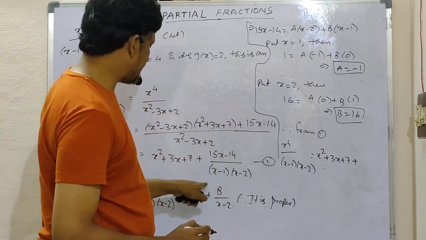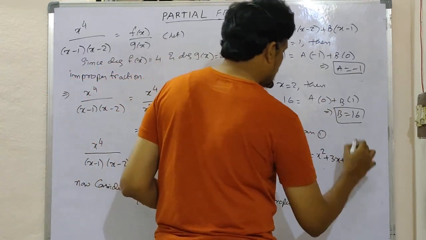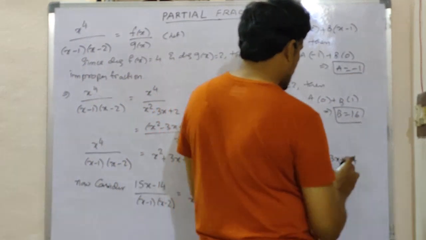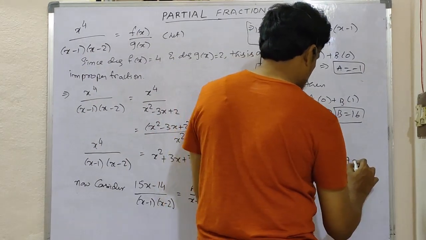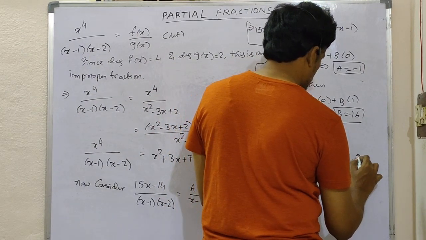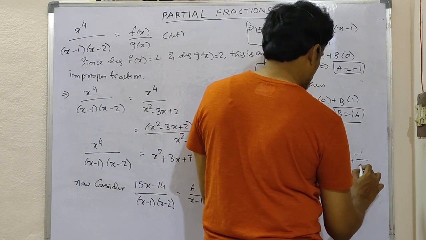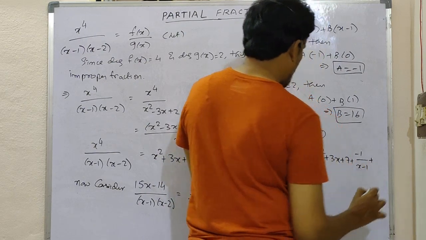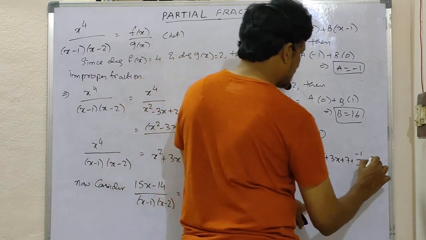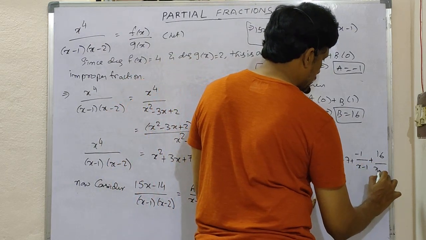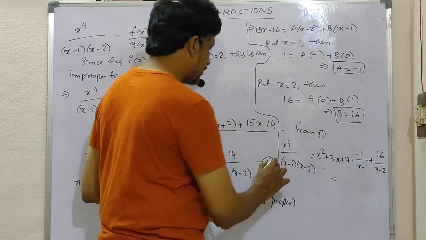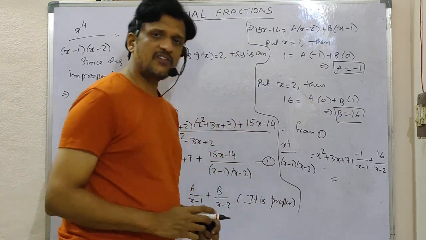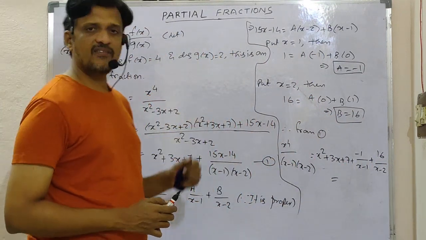Instead of this, I am writing a by x minus 1 as minus 1 by x minus 1, plus b by x minus 2, that is 16 by x minus 2. In this way, you can write an improper fraction as the sum of partial fractions.